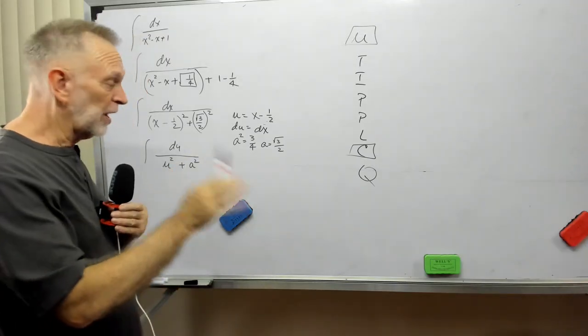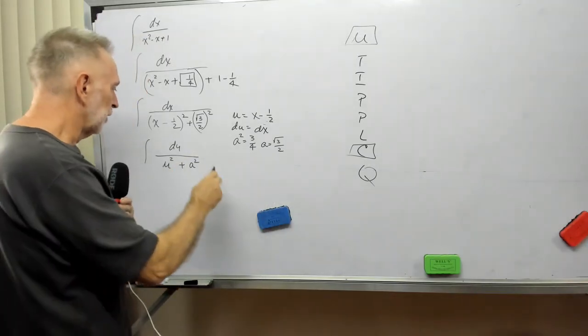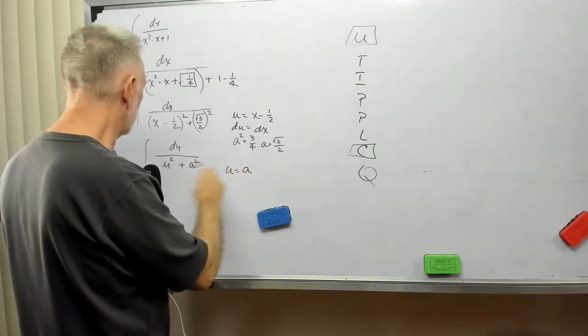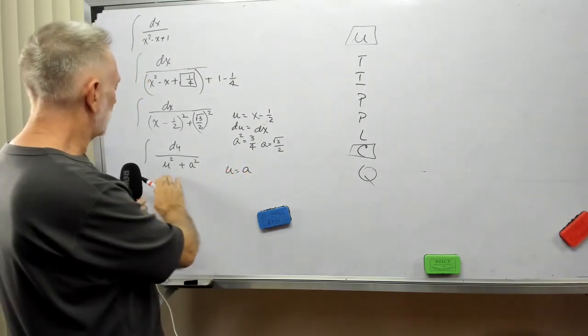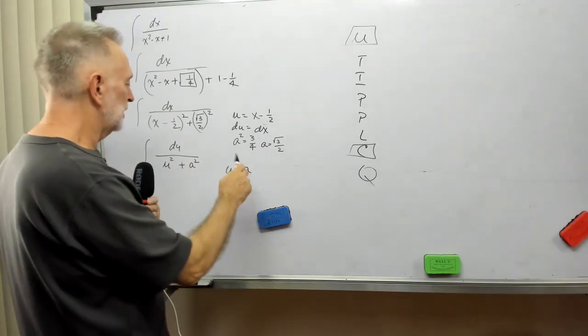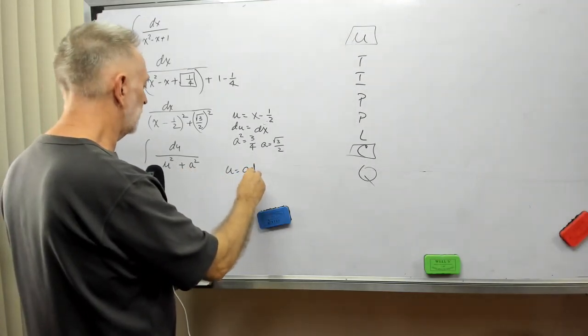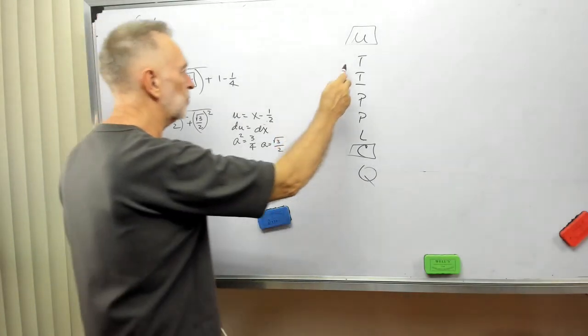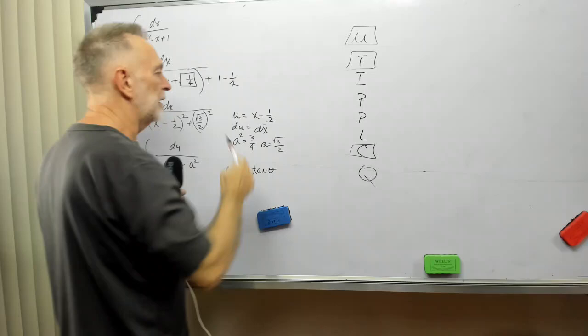So we know how to get the answer. Why don't we let u equal a tangent theta, since it's in the form of tangent squared plus 1 squared. We'll just go over to the theta world. What are we doing here? Hey, trig sub.